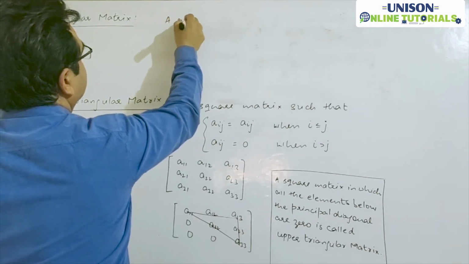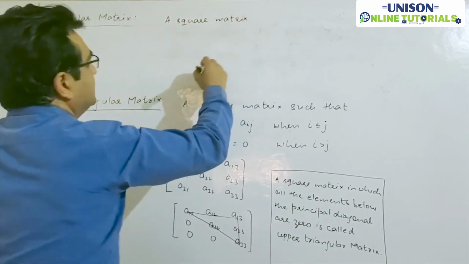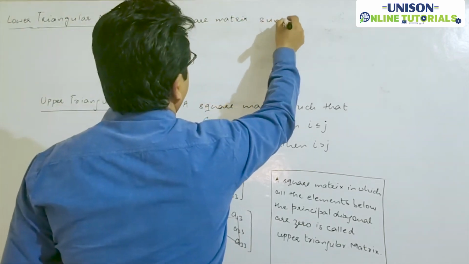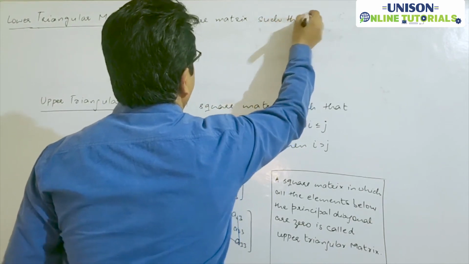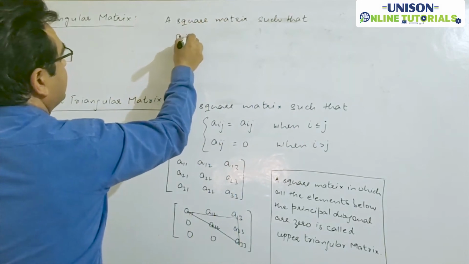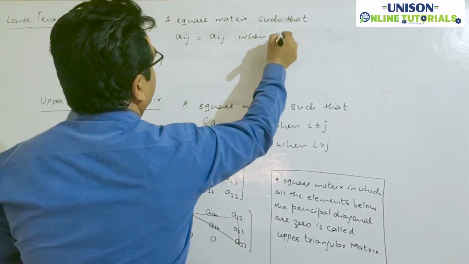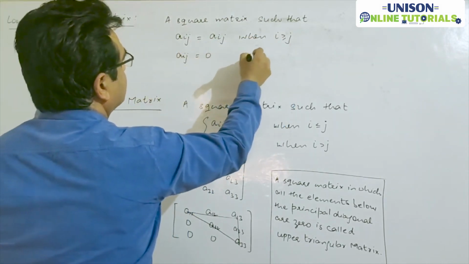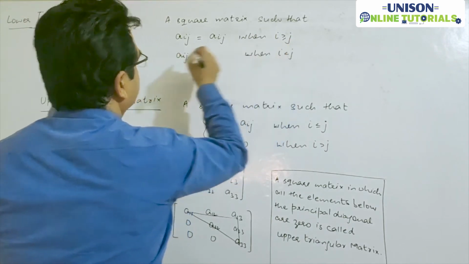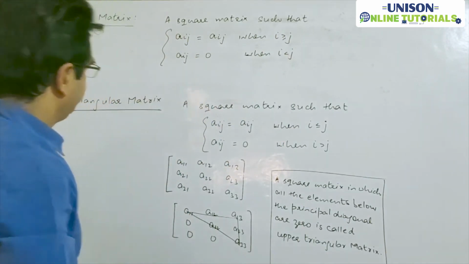A square matrix such that Aij will be Aij when i is greater than or equal to j and Aij is 0 when i is less than j. तो अगर इस टाइप का कोई मैट्रिक्स हो उसे हम लोअर ट्रायंगुलर मैट्रिक्स कहेंगे.